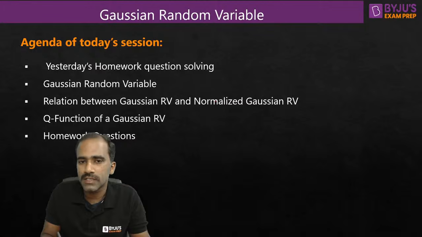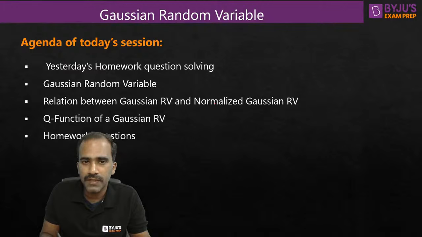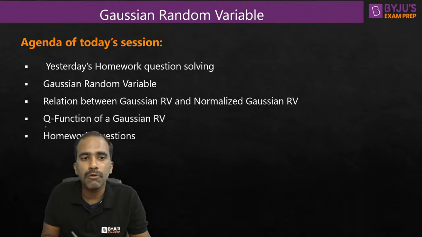That's very important stuff, which we have to use whenever a question is given on Gaussian random variables. Yes, this relation will be very helpful. Next, there is one more important thing about Gaussian random variables: something called the Q function. We'll talk in more detail about this Q function.